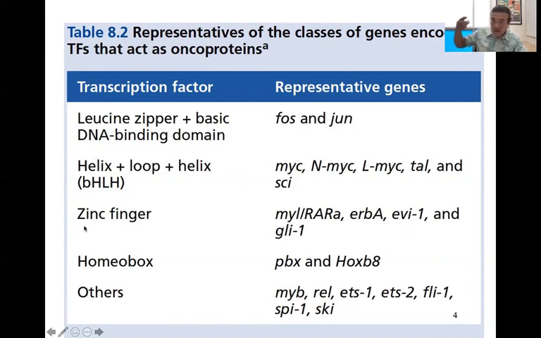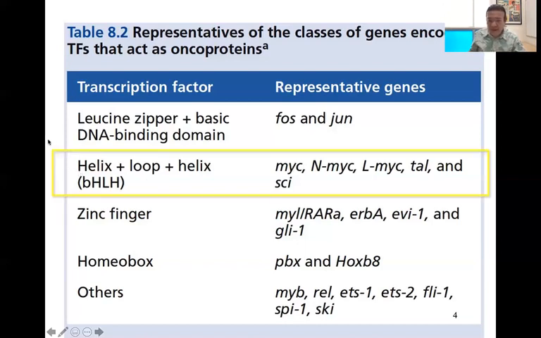Some of them have zinc fingers, in other words, peptide regions of the protein that associate with a zinc ion. And that zinc ion, that metal ion, helps hold the structure in a shape that can interact with DNA. Some of these are homeobox proteins. Many of the early developmental genes in the embryo have these homeobox domains in them. There are some miscellaneous ones as well. But here, the helix-loop-helix, or basic HLH domain, is a common type of protein structure used in proteins that belong to the MYC family.